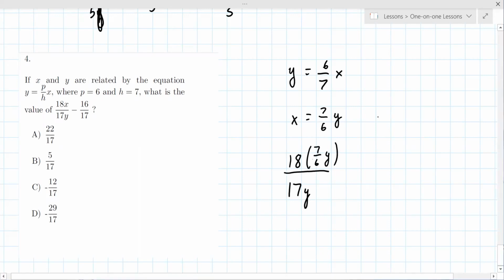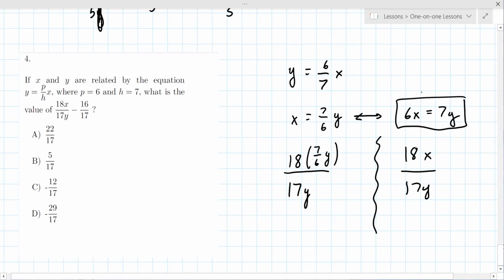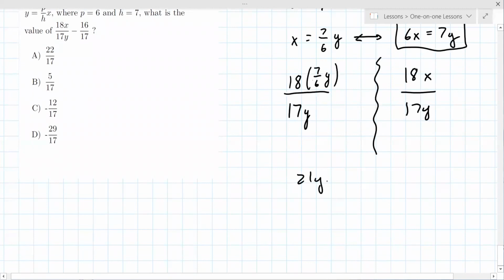The other option is you could convert this to 6x equals 7y, and since you really want an 18x, how do you make this into an 18x? Multiply by 3. So 18x equals 21y. It reduces down to the same thing.